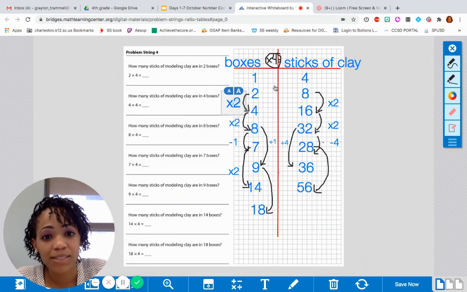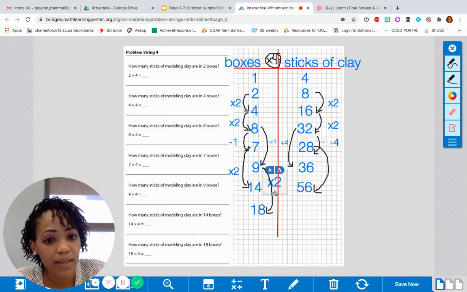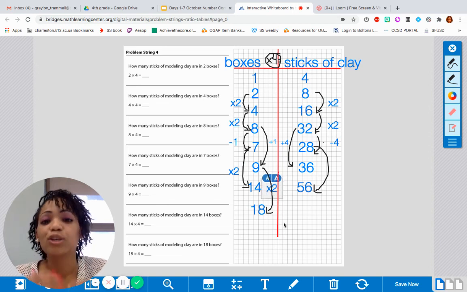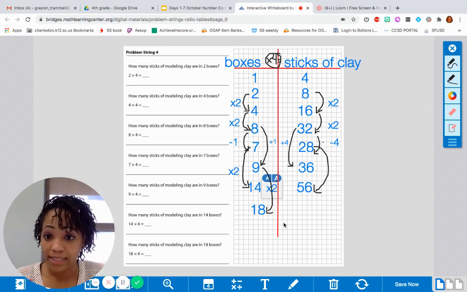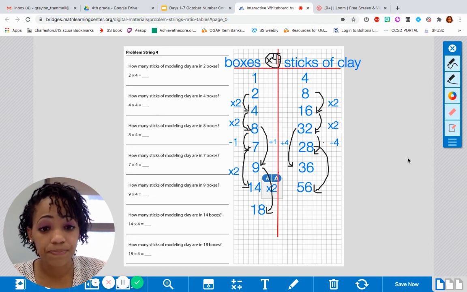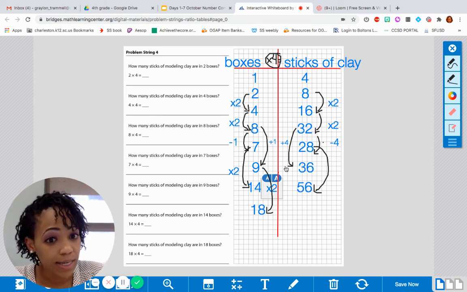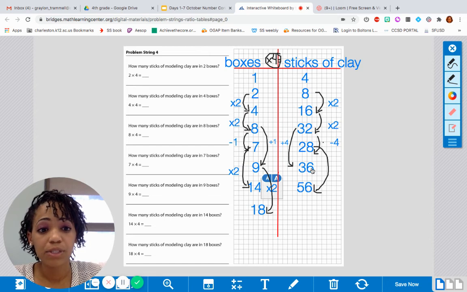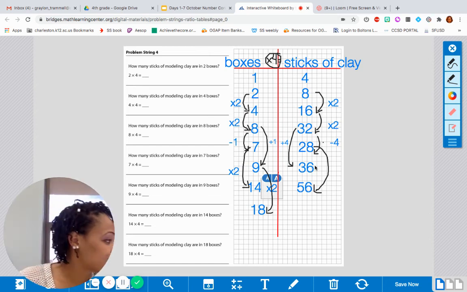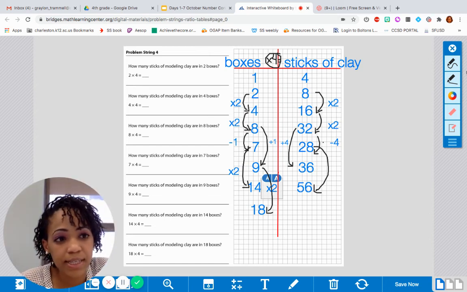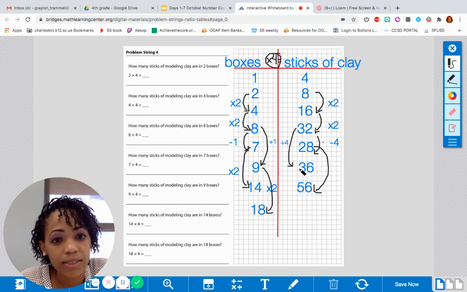Because I know, say it with me, when you double one factor, you double the product. So 9 times 4 was 36. So now I need to double 36. And if I double 36, what am I going to get?